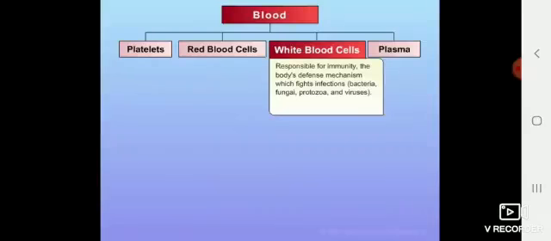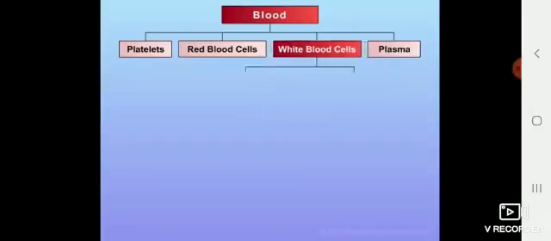The white blood cells are those directly responsible for fighting off infection, and they comprise a number of subsets. White blood cells are responsible for immunity, and for the body's defense mechanisms that fight infections of a variety of different types. These include bacteria, fungi, protozoa, and viruses.